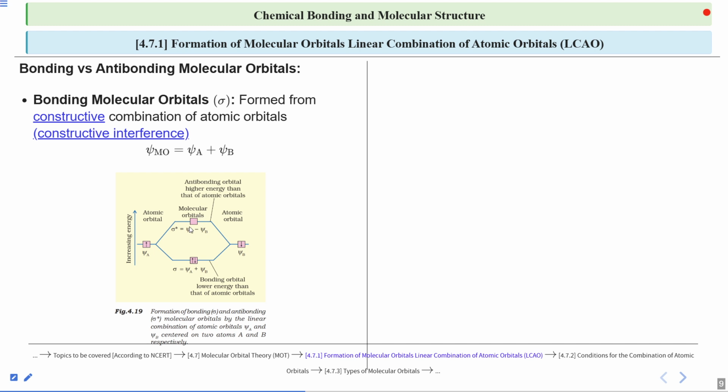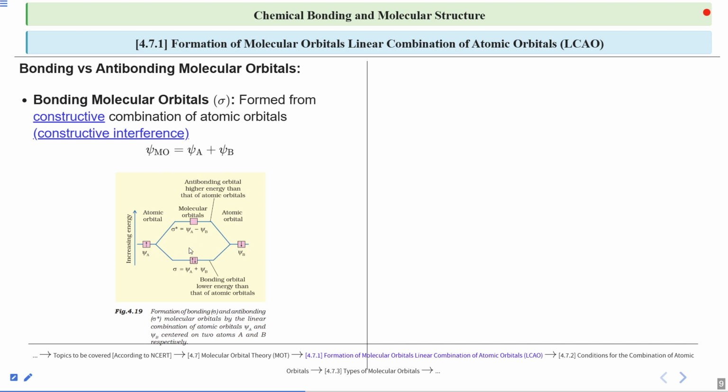But the important point to notice here is that you are getting two types of molecular orbital. First is due to the addition and second is due to the subtraction. And the number of molecular orbitals formed is equal to the atomic orbitals that are combined. So psi A represents the first atomic orbital, psi B represents the second atomic orbital.